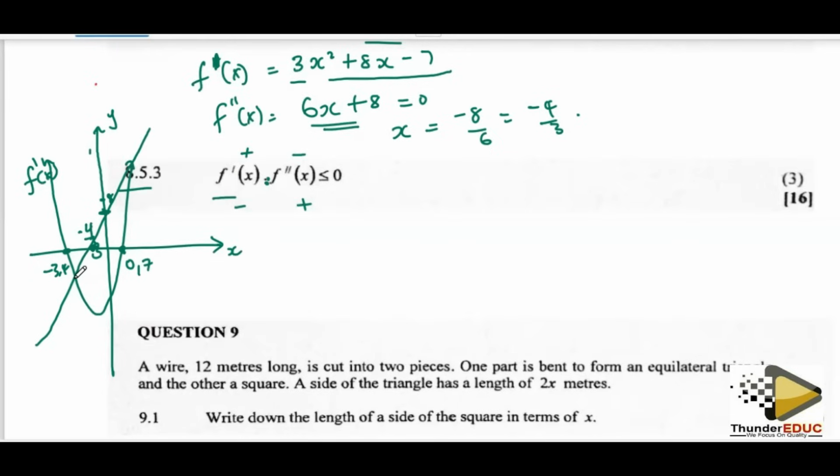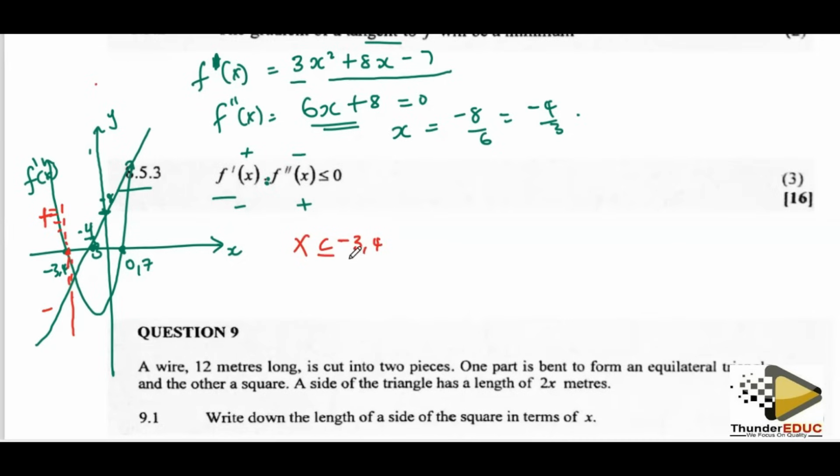Remember, we're looking for values of x. So at this point of 3 over 4, this graph is positive, and then this graph is negative. So from 3,4 to the left, you can say x is less or equal to negative 3,4.